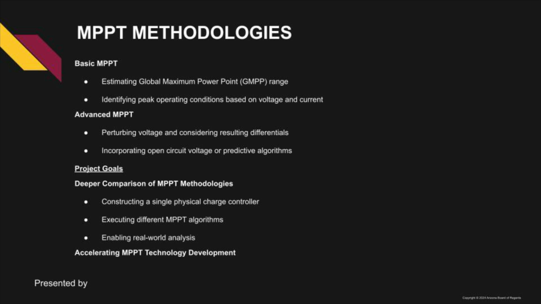What we're looking for, the basic MPPT, is estimating the global maximum power point range. We want to identify the peak operating conditions based on the voltage and current. So whatever environmental conditions are provided to us, whether it be shaded or overcast, we want to find the point of max efficiency in production.